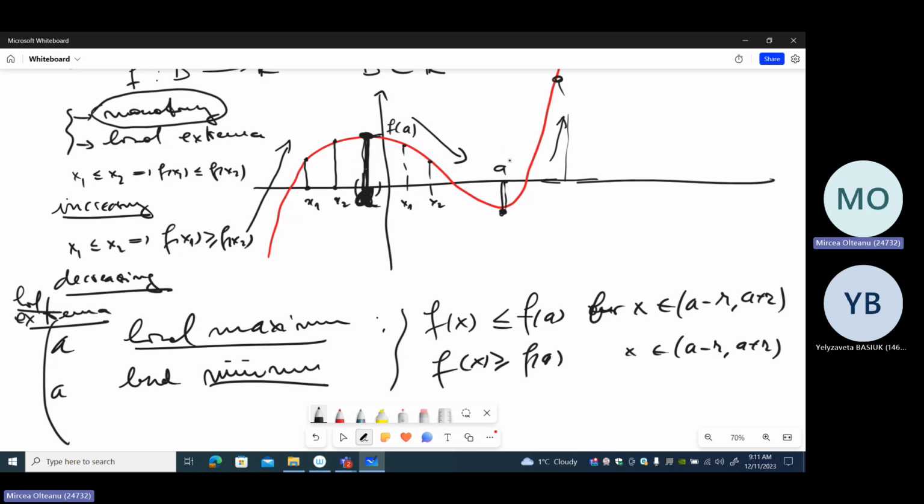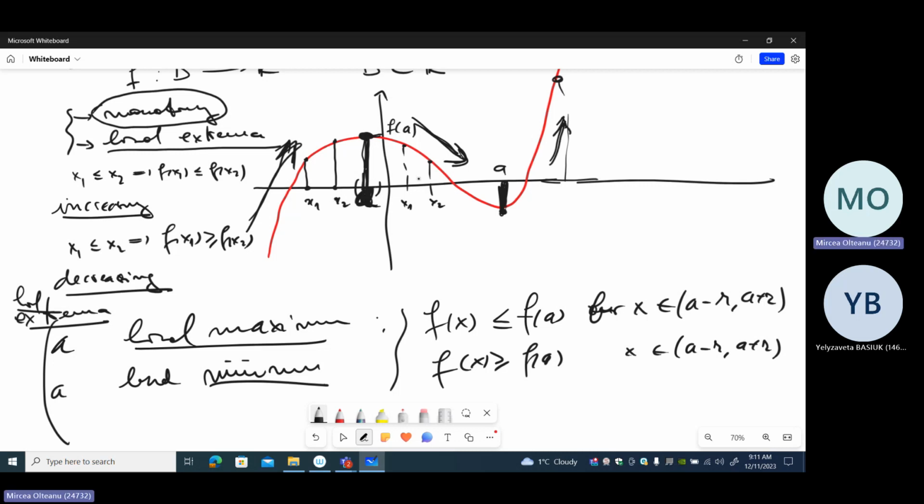As we can see on this picture, the two questions, monotony and local extrema, are related because, for example, at the left of a local maximum the function is increasing, and at the right it is decreasing. For a local minimum, the function at the left is decreasing, and then it is increasing.